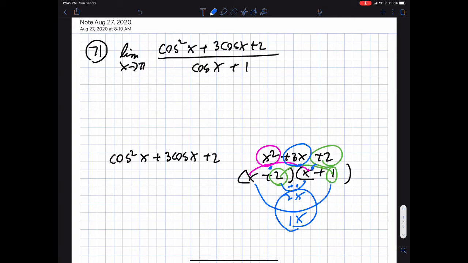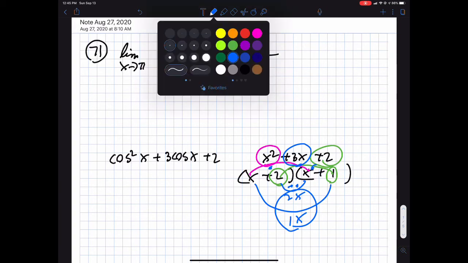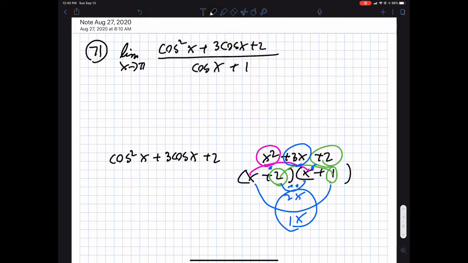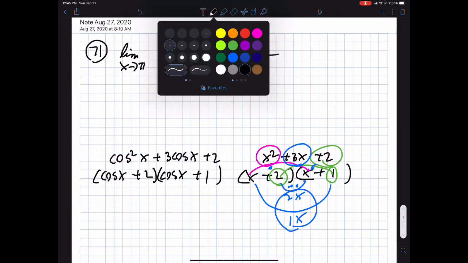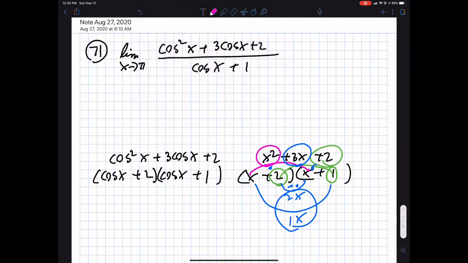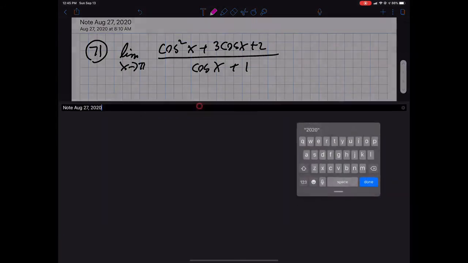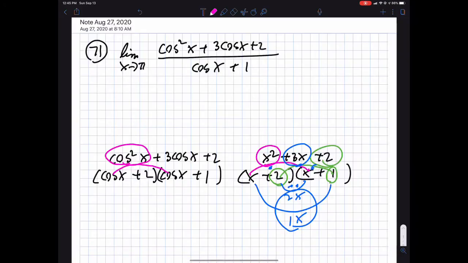If you add those up, you get your middle term. Now the exact same thing happens for the cosine. The only difference is, instead of x, you have cos x, plus 2, plus 1. Now this is why it works. When you distribute these two, you get cos squared. When you distribute these two, you get 2.